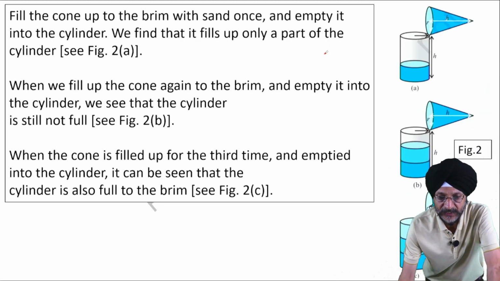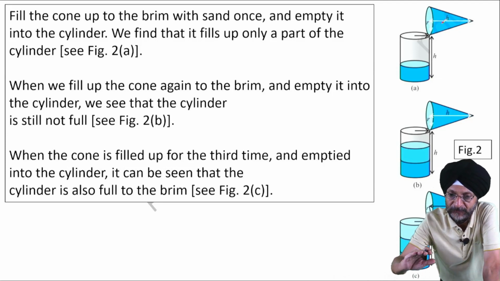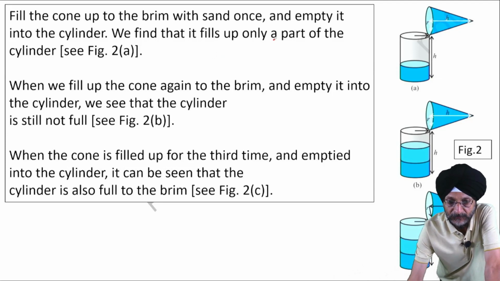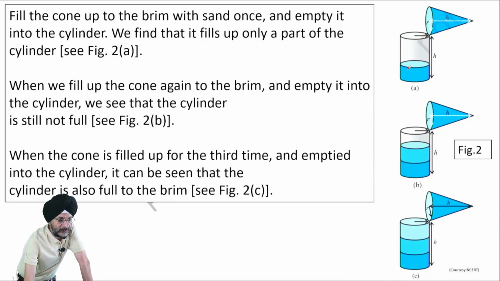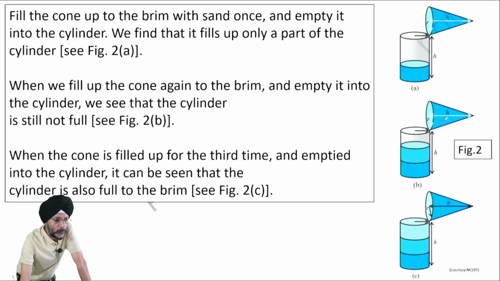So we will try to find out the volume of a right circular cone. Now you can see that first of all we will fill this cone with sand fully up to the brim, and we will then empty it into the cylinder. When we empty this cone into the cylinder, we will find that this cylinder is only filled partially. Then we again do the same thing. We again fill the cone with the sand up to the brim and then again empty it out in the cylinder.